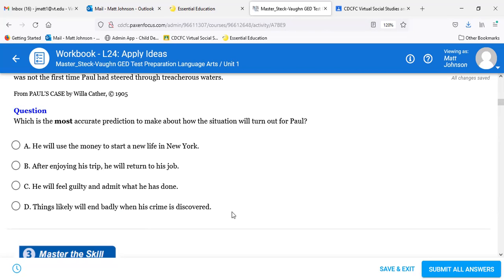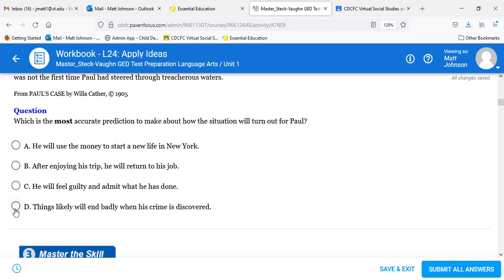A, he will use the money to start a new life in New York. B, after enjoying his trip, he will return to his job. C, he will feel guilty and admit what he has done. And D, things likely will end badly when his crime is discovered.